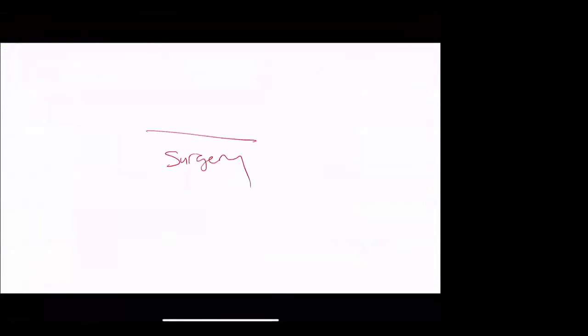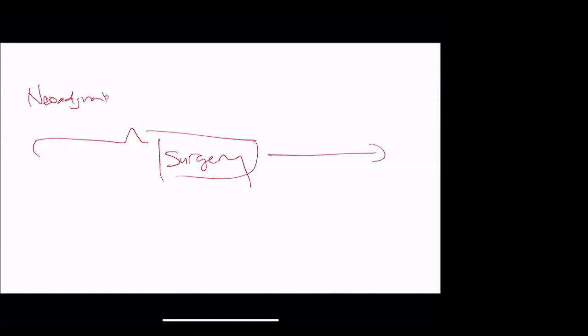So surgery is here. I chop. This part of the treatment is called neoadjuvant. This part is called adjuvant. And it's always relative to the act of the surgery itself.